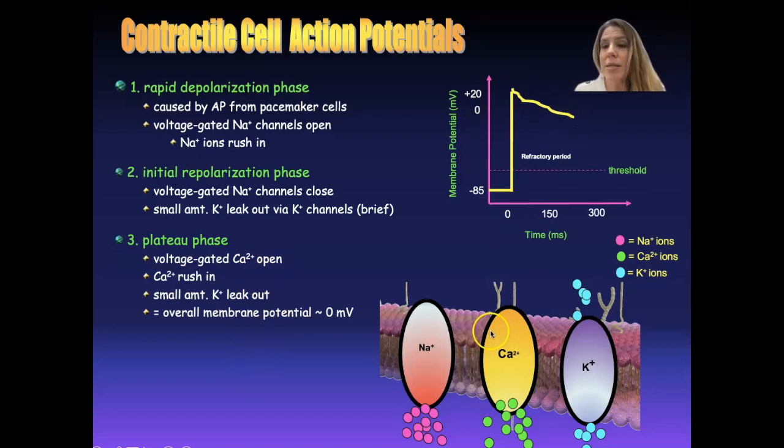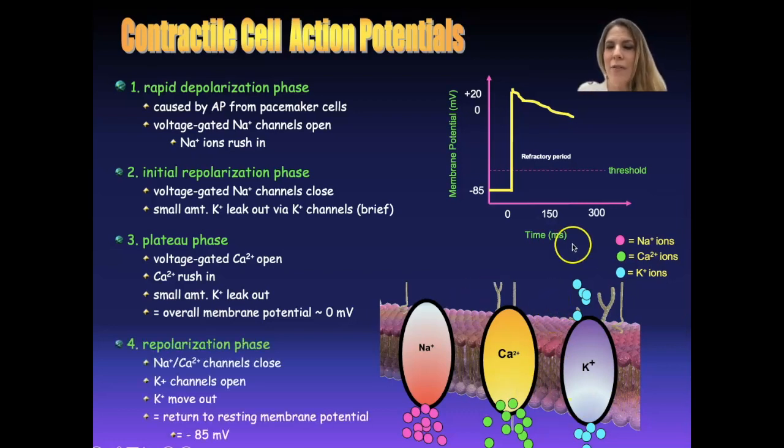But once these calcium channels close, and remember that calcium channels are time gated as well, so over time they just naturally go back to their former shape, they close on their own. And when that happens, we also get an opening of the potassium channels. And therefore, it's no longer leaking of potassium, it's rushing of potassium out.